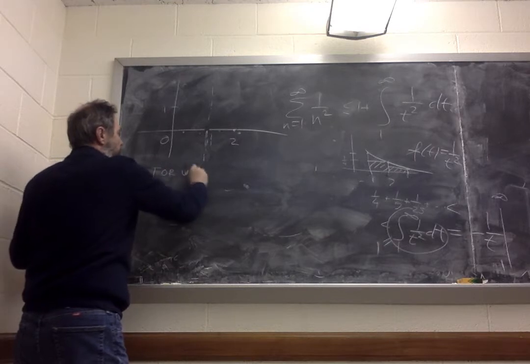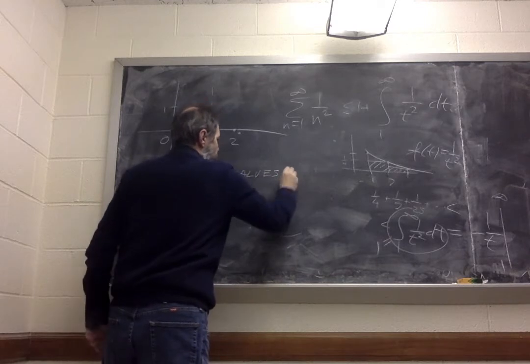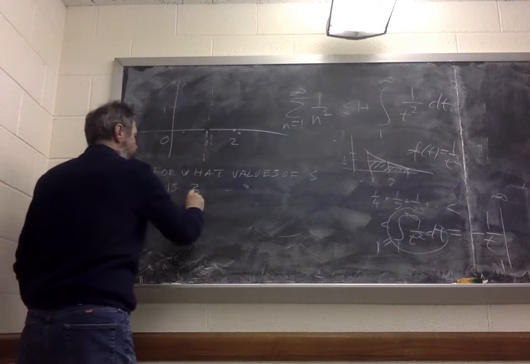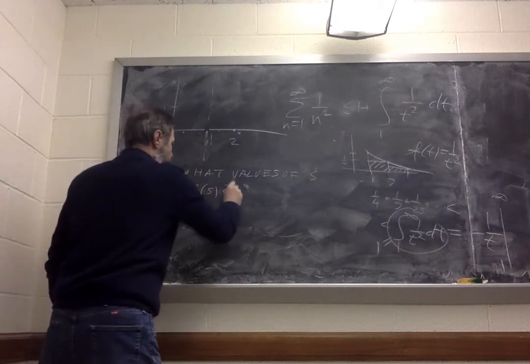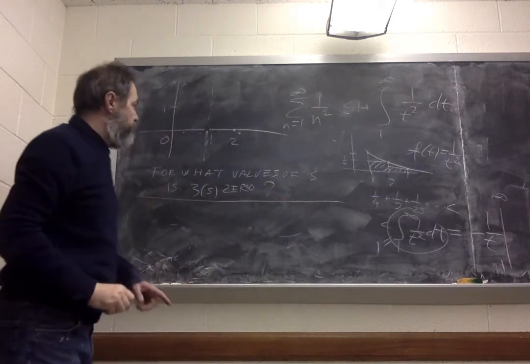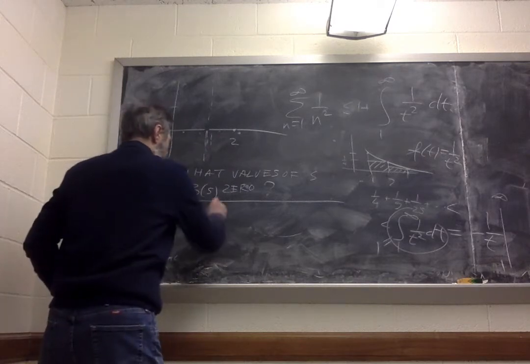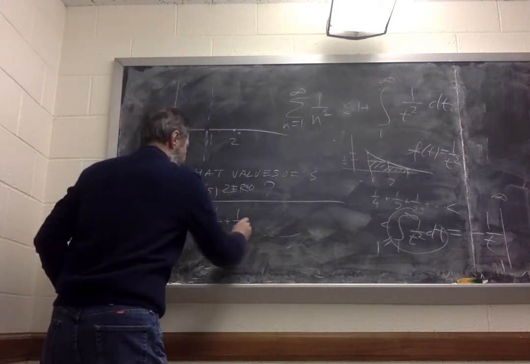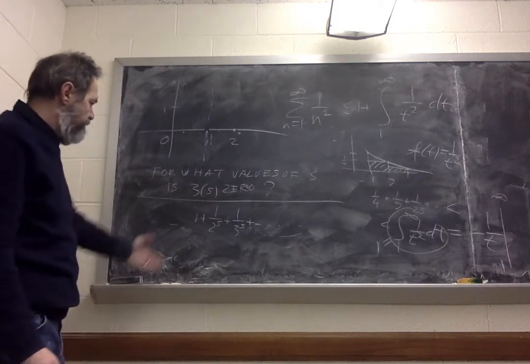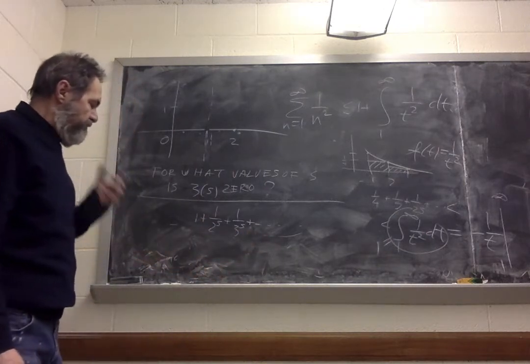I look at this thing, and it's 1 over 2 to the s, 1 over 3 to the s. I cannot see how this thing can be 0, at least when s is real, because these are positive numbers. How can I add positive numbers and get 0?